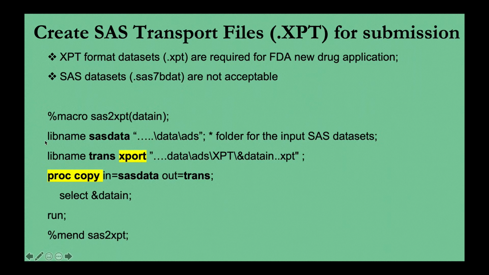First, you will specify a lab name for the input SAS dataset folder, and then you specify the output XPT datasets where they should be put, which folder. So you will specify the folder for XPT datasets.